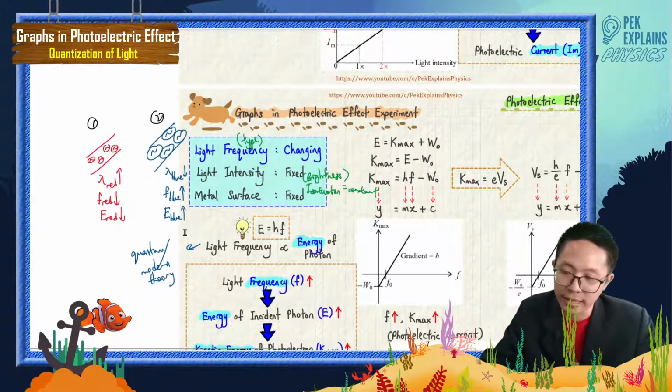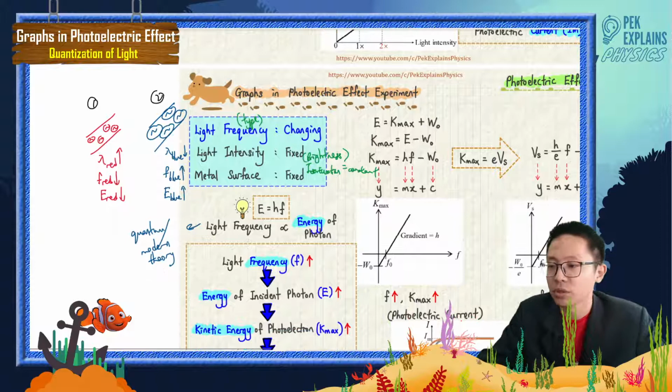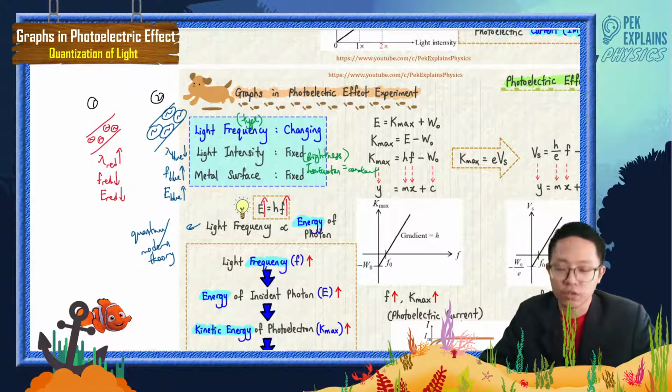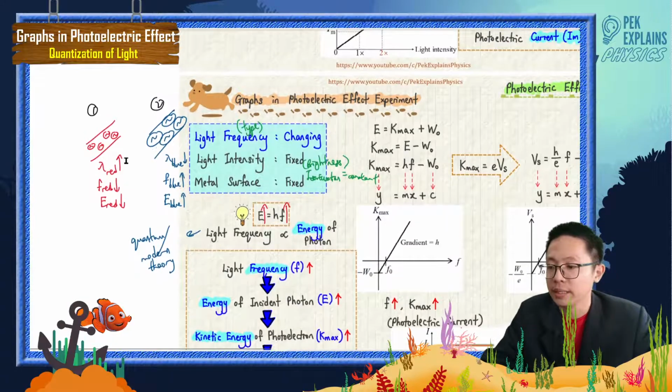Blue light, red light. Okay, so energy of photon depends on the frequency. So we can say the higher the frequency of light, the higher the energy of each photon. Like this one. Blue light has higher frequency, so it is like a bigger photon.